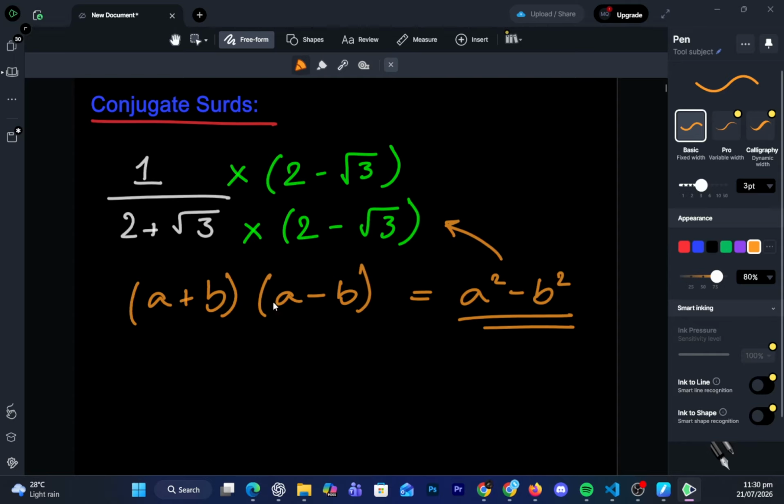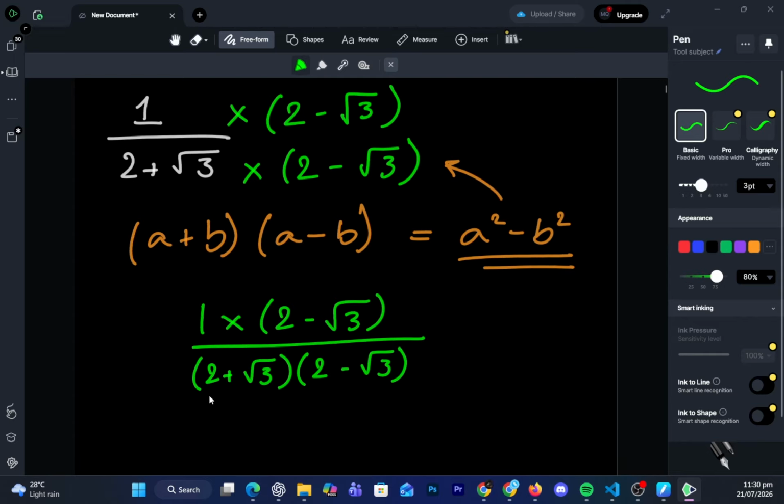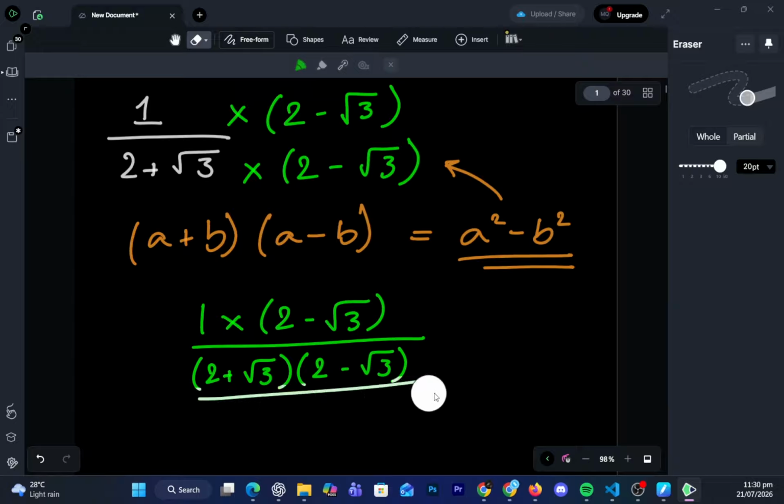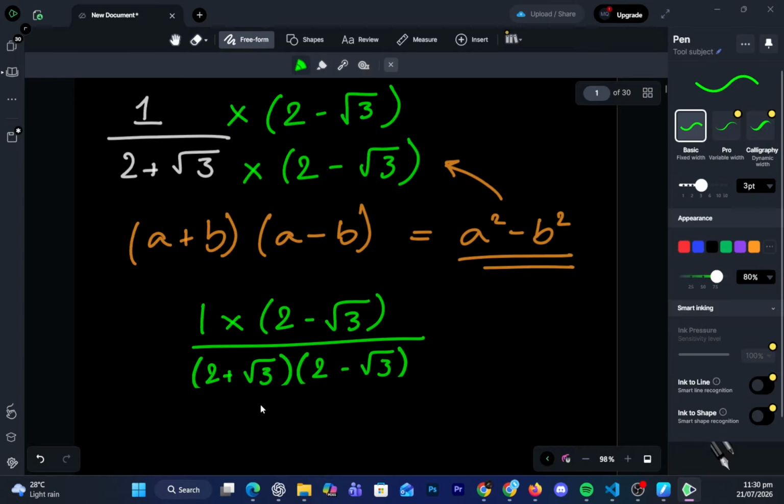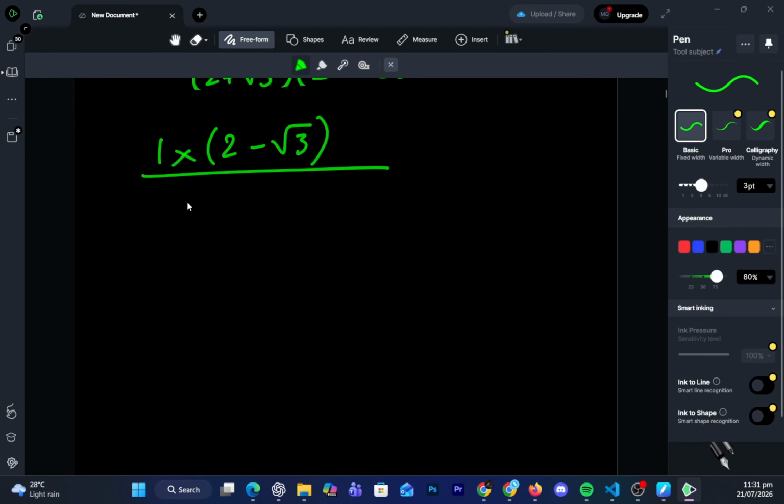In the denominator, 2 plus under root 3 into 2 minus under root 3 becomes 2 square minus under root 3 whole square, which is 4 minus 3.